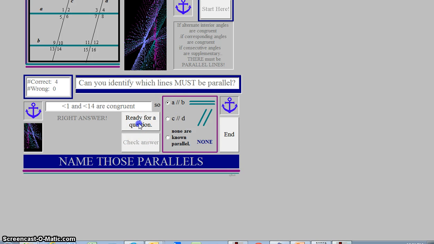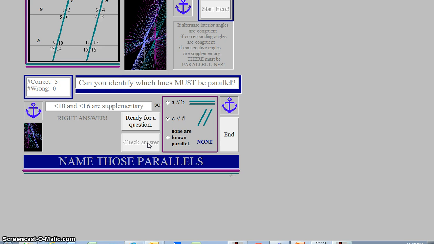So your analysis continues to go like that. When 10 and 16 are supplementary, that's the new information I have here. When 10 and 16 are supplementary, that only happens when 10 and 14 are supplementary and when 14 corresponds to 16. So I need a way to translate this group of angles over to this group of angles and have them be congruent. And that'll only happen when C and D are parallel.